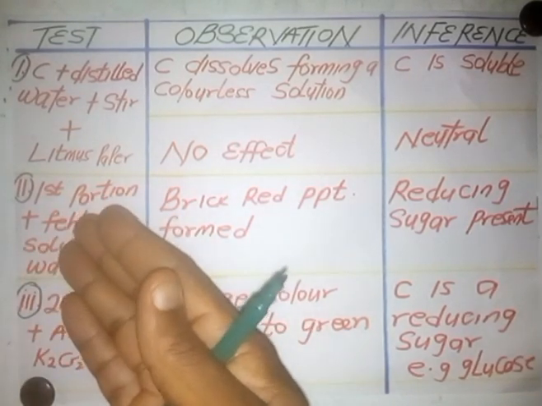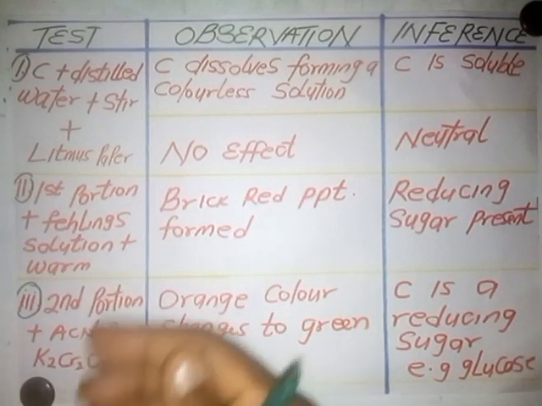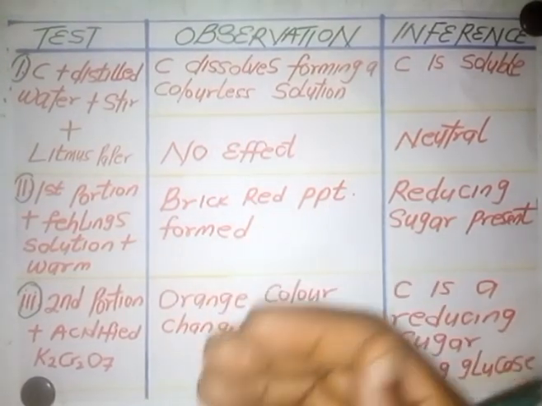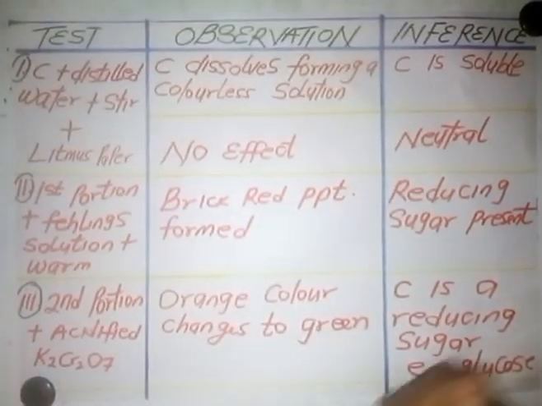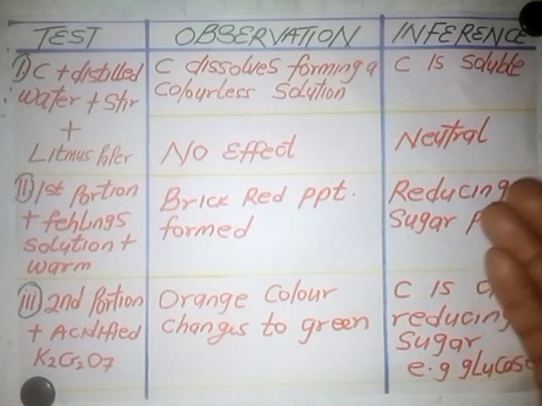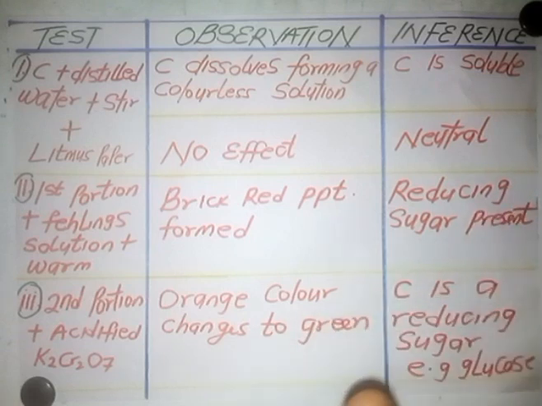When you add Fehling's solution, then you warm it. The observation is that a brick red precipitate will be formed, and the inference is that reducing sugar is present. Of course, these are characteristics of glucose, which is a reducing sugar.